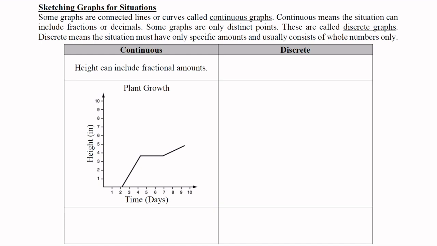But it also had to be 4.5 inches. It also had to be 3 3/4 of an inch tall. It also had to be 1.5 inches tall on its way to being 5 inches tall, because it's going to pass those amounts on its way to where it ends up. So this is a continuous graph.